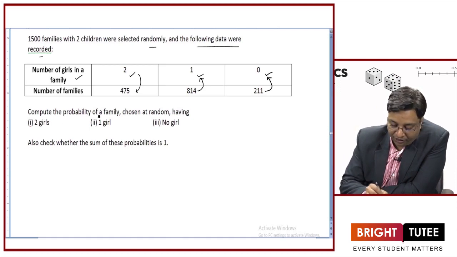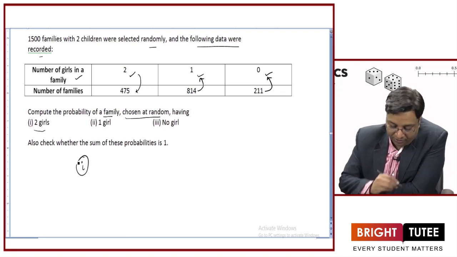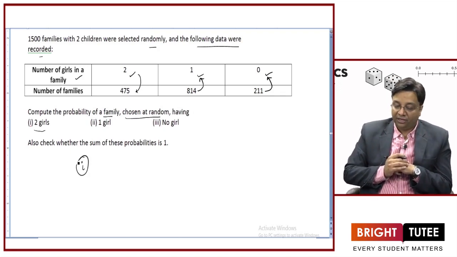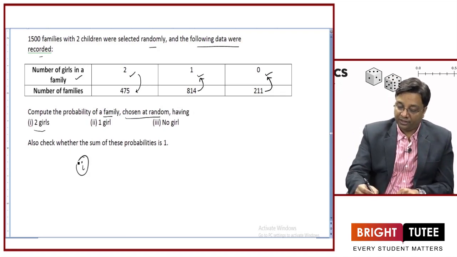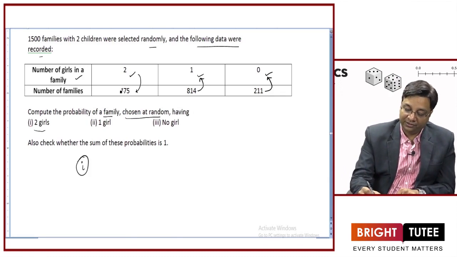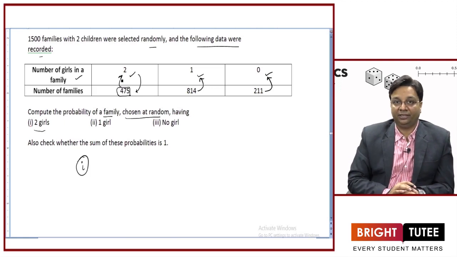Now compute the probability of a family chosen at random having 2 girls. Okay, let us look for the families who have 2 girls. 475 families have got 2 girls in their family, right?